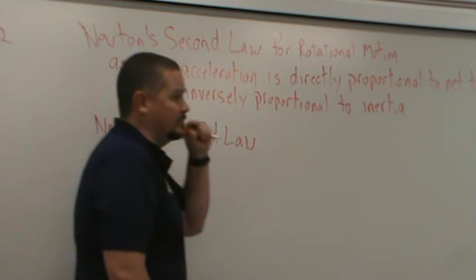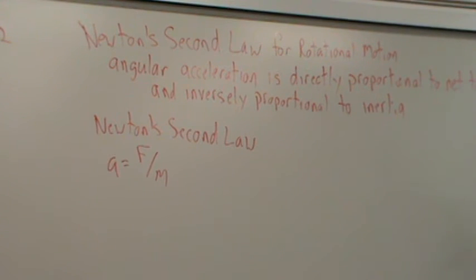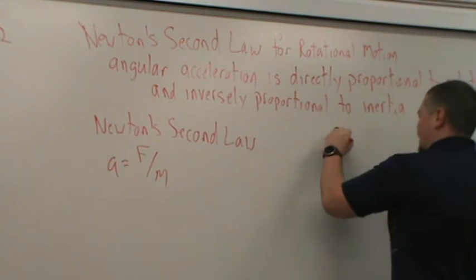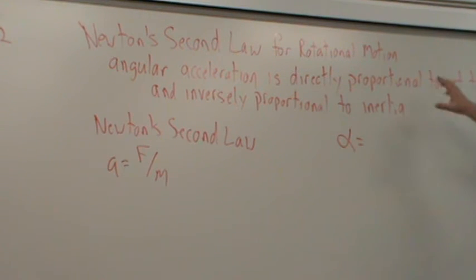What is the symbol that we use for angular acceleration? Not the omega, that's angular velocity. Alpha, right. So alpha is equal to, and if we look at the definition we just wrote down, it is directly proportional to the net torque.